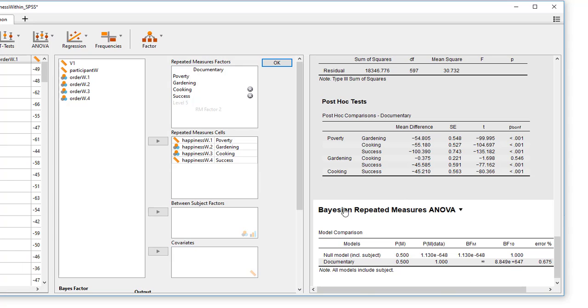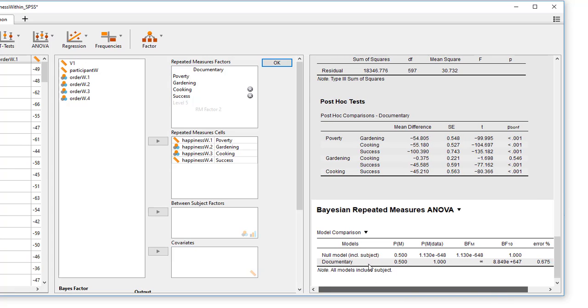So here is Bayesian repeated measures ANOVA with the Bayes factor, and you can see that the Bayes factor for the model with documentary is a huge number, and it says the null model includes subjects. So basically, it is documentary with all the subjects dummy variables, like we did in the model comparison approach, the traditional maximum likelihood, against a null model that also includes the subjects.